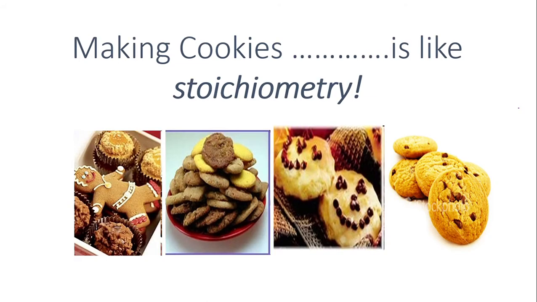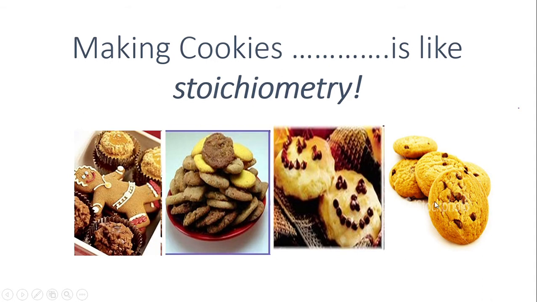So stoichiometry is like making cookies. Who among you has already baked cookies?